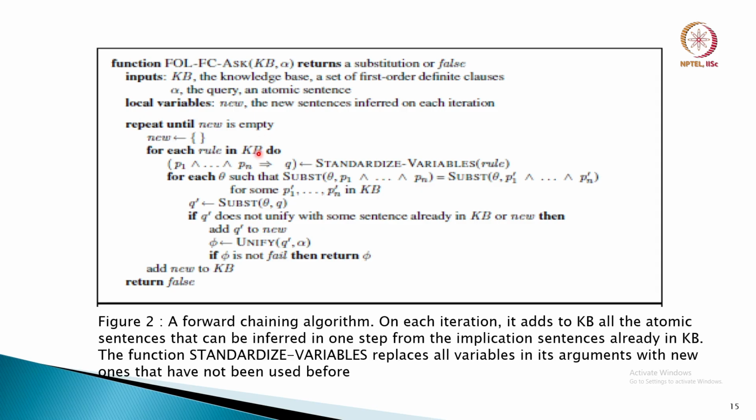In other words, whenever you find a possible new substitution which you can do and infer something, it's added on to new, and if there is nothing new being generated at any particular iteration, you stop at that point in time. Till then you keep repeating this piece of code over here. And one thing to be noted is the standardized variables, so that you don't have the same variables being used.